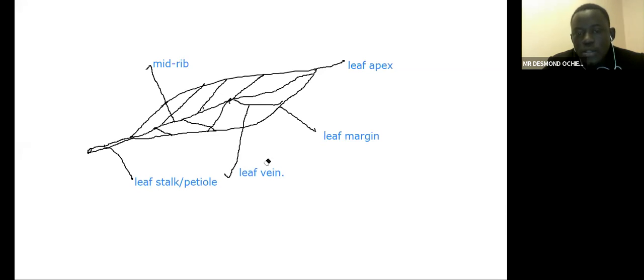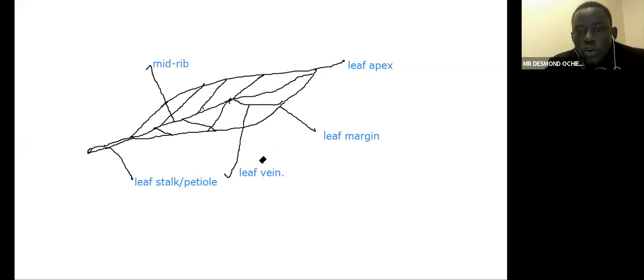The one on my screen here is an example of a network leaf venation, which is common in plants like beans, green grams, groundnuts, basically in the dicotyledons.